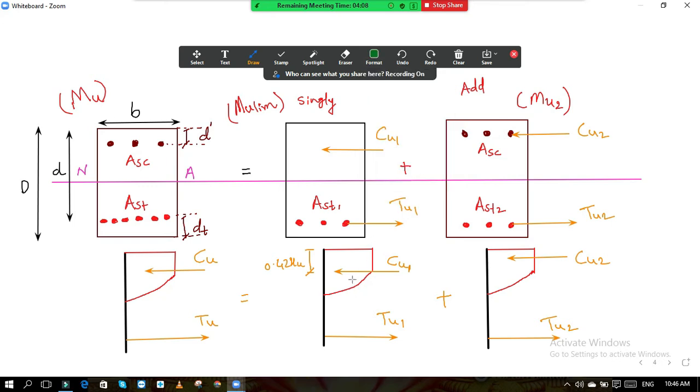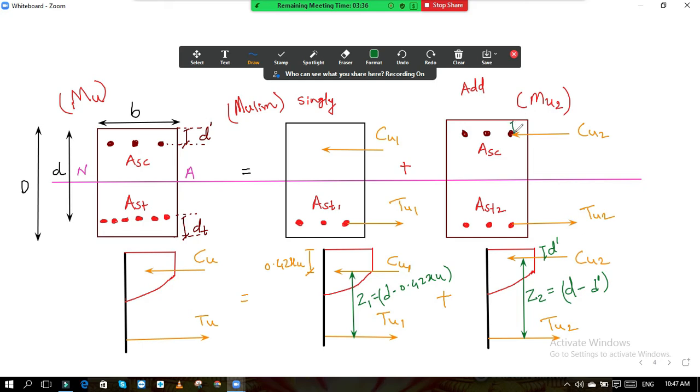here if I show you, this is your Z1 and this is your Z2. Here your Z1 is nothing but d minus 0.42 Xu. We know that. And here Z2 is nothing but the effective depth minus the effective cover in the compression zone, d minus d dash, because this distance is d dash where it is acting here.